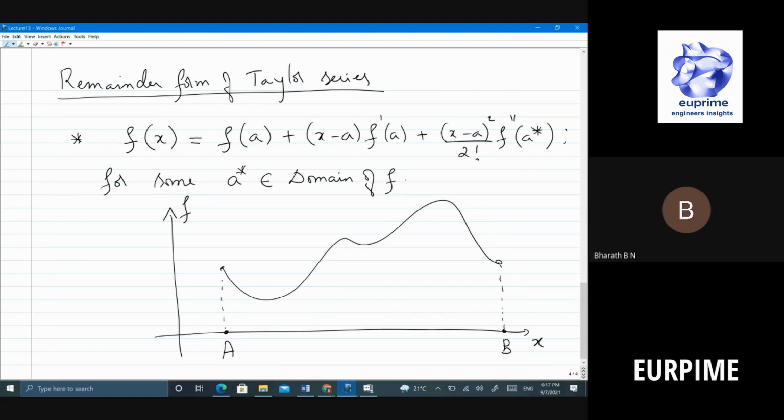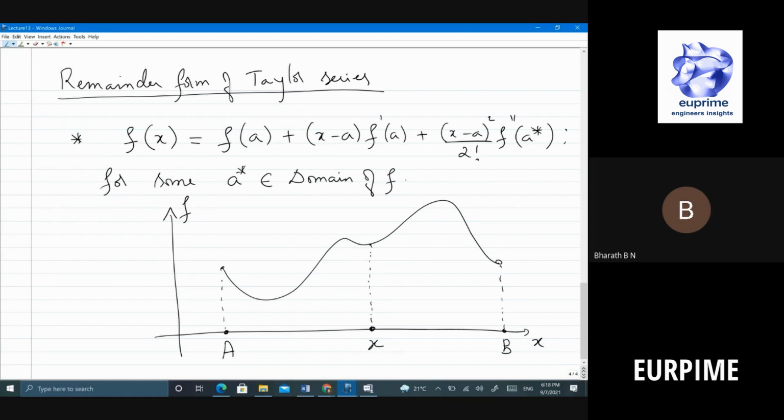So what is the domain of this function? Can somebody tell me? A to B, right? So now I want to look at a point, let's say somewhere here. This is x. I want to see what is f of x. How do I write f of x?